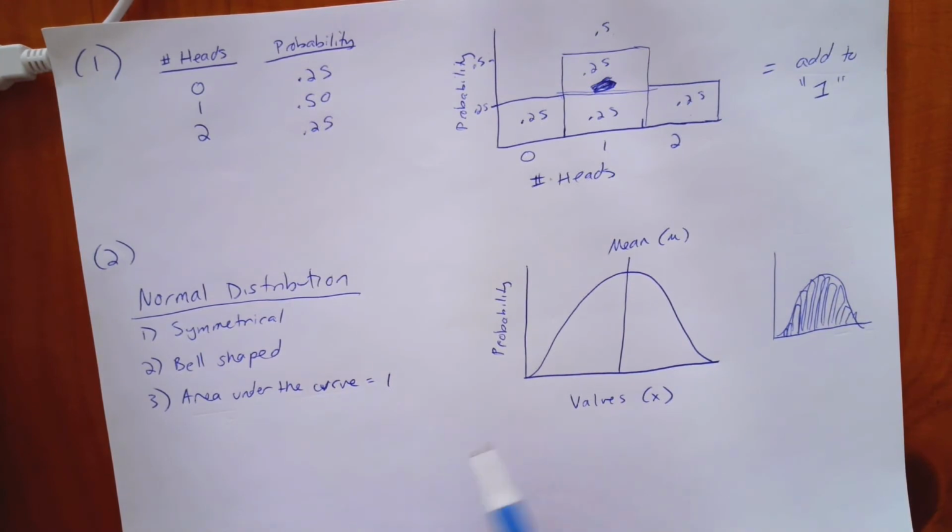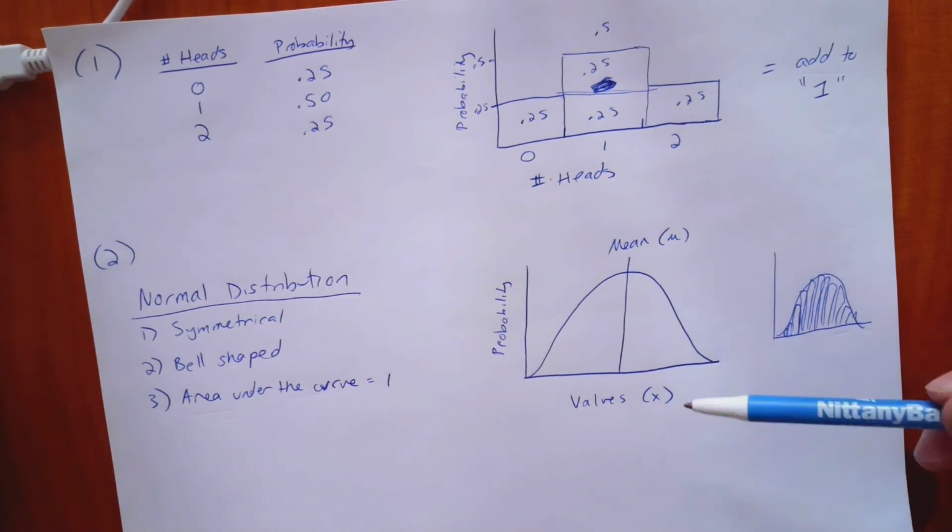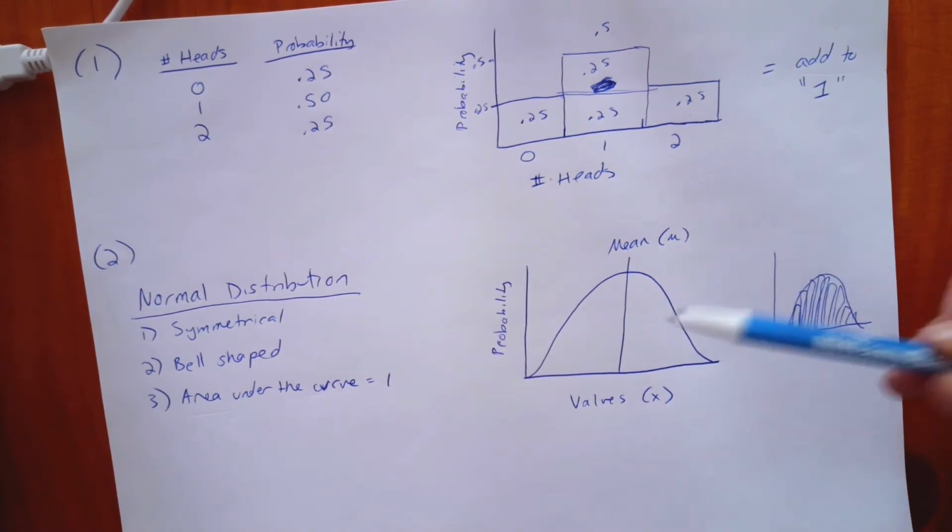So say this is Chipotle meals, and you're taking a sample of Chipotle meals, if the mean for your probability distribution is 1,000 calories, you would expect the mean of your sample of Chipotle meals to also be 1,000 calories.